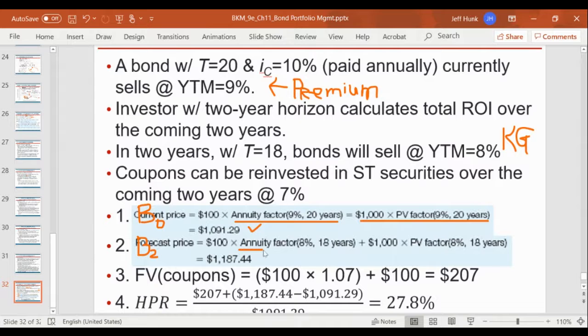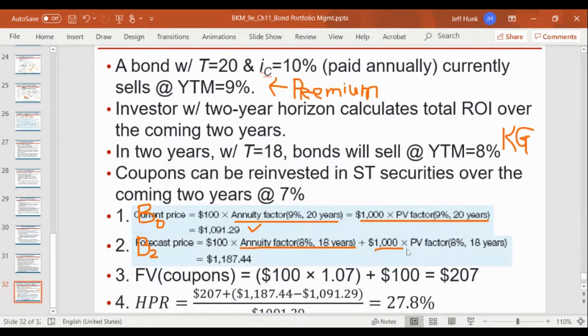Now 2 years later, the annuity factor will be at an 8% discount rate and 18 years to maturity, right?